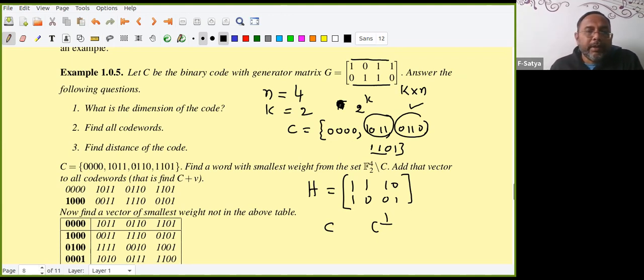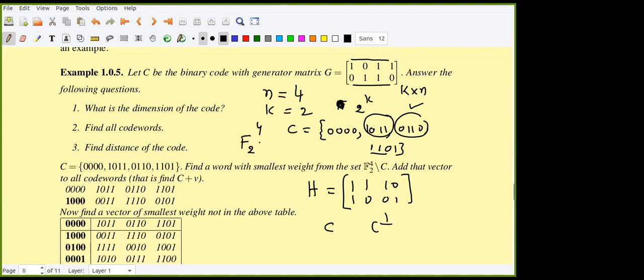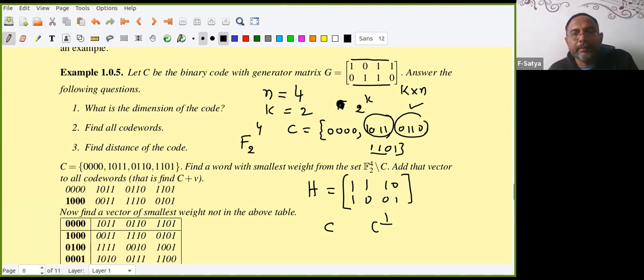Okay. Now these are the code words, right? So it is a subspace in F2 power 4. Total how many words will be there in F2 power 4? 16. But only 4 are there here.